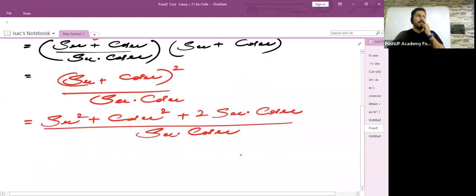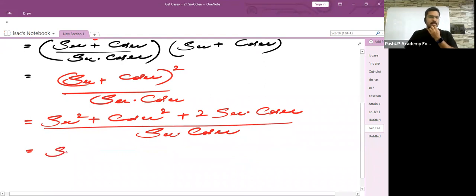Easy? Now what next, children? Individually divide the terms. Expand it.